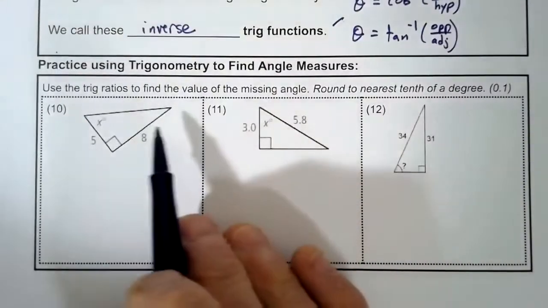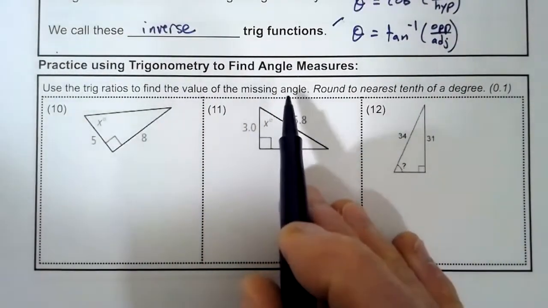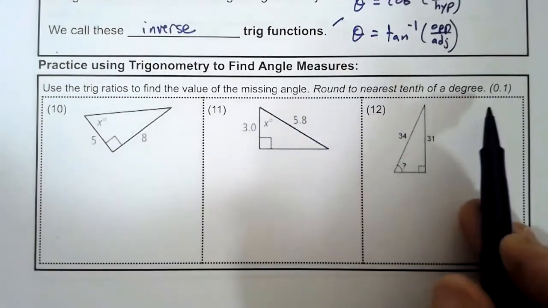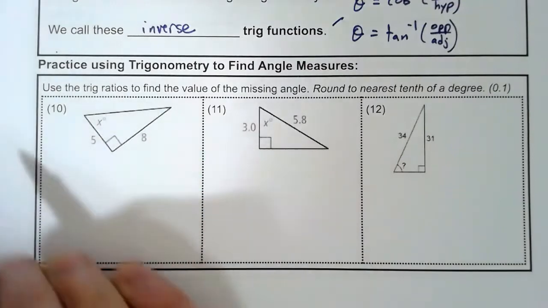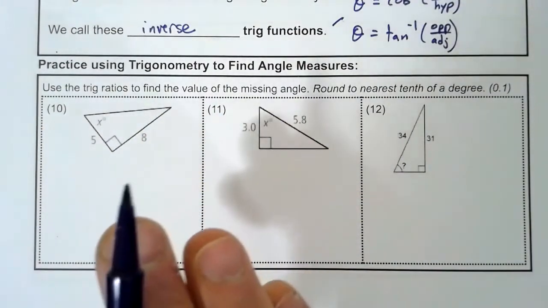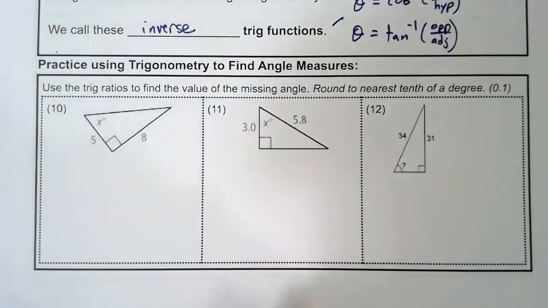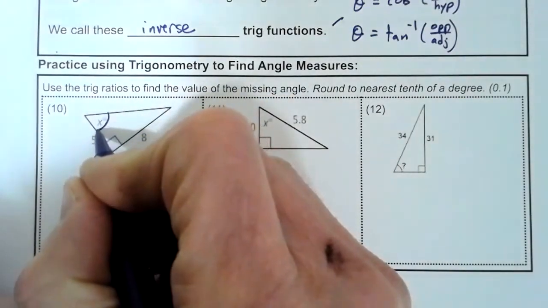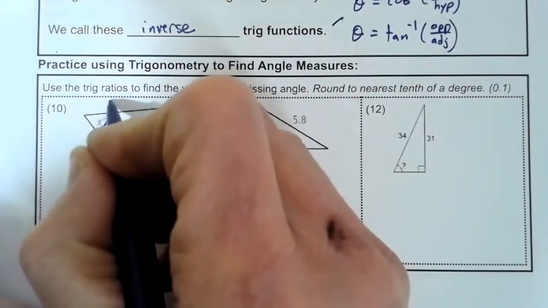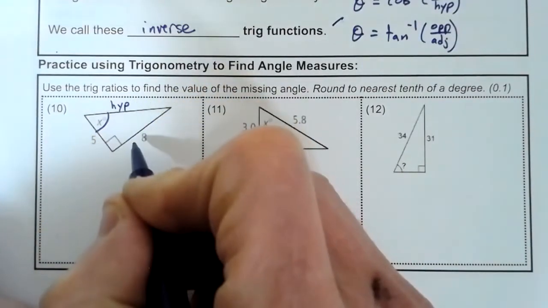So we're going to use the trig ratios to find the value of the missing angle. Round to the nearest 10th of a degree again. Now we're going to set the problem up the same way we did in the past, except the last step is going to be slightly different. So this is our angle of reference here, and I'm going to label all my sides. Now I know my hypotenuse is opposite my right angle.